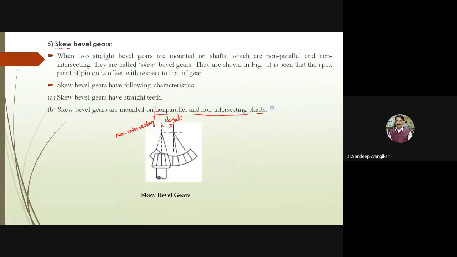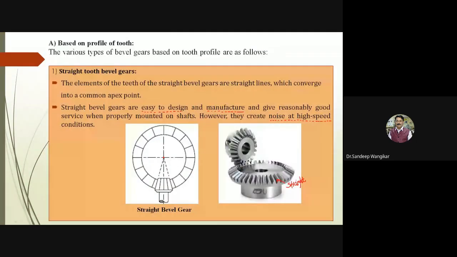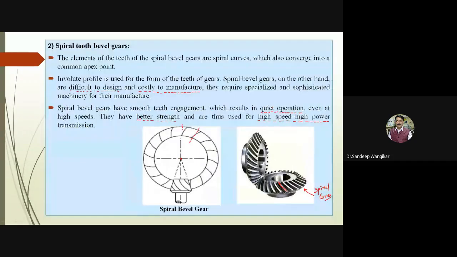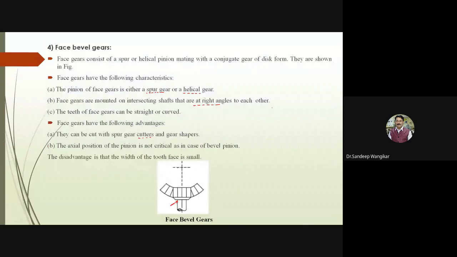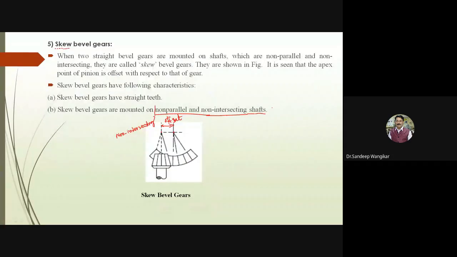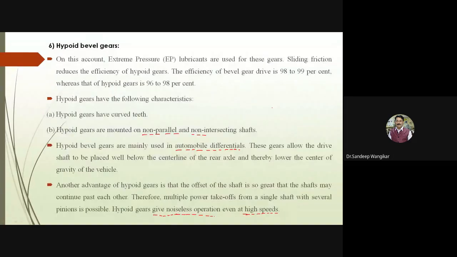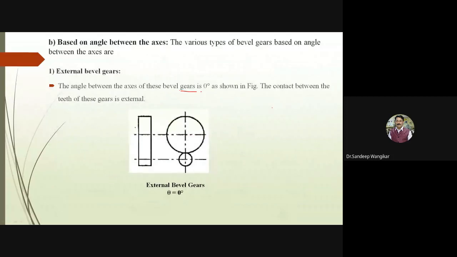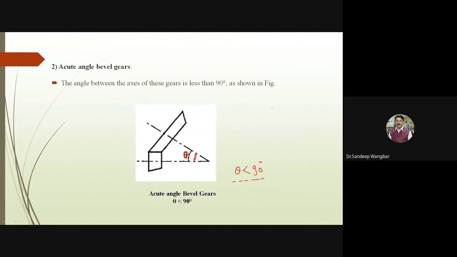Based on tooth profile, friends, we have discussed straight tooth bevel gear, spiral tooth bevel gear, face bevel gear, skew bevel gears, and hypoid bevel gear. These are the six different types we have discussed under the category of profile. Based on the angle between the axes, we have discussed the external, acute angle, and right angle.